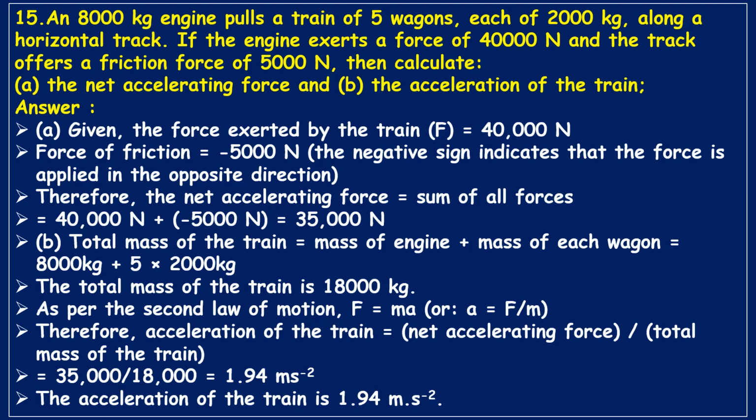If you sum these, it gives you a net force of 35,000 newtons. So from this data, we use Newton's second law of motion, F equal to ma, and from that we can calculate acceleration by the formula a equal to F by m. So this is the answer for this one, right?